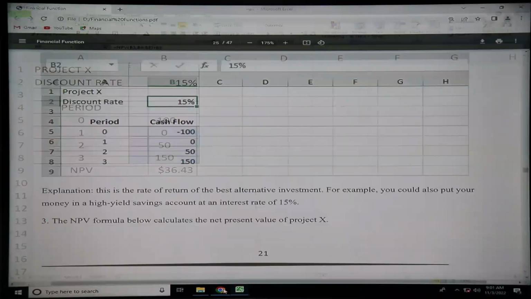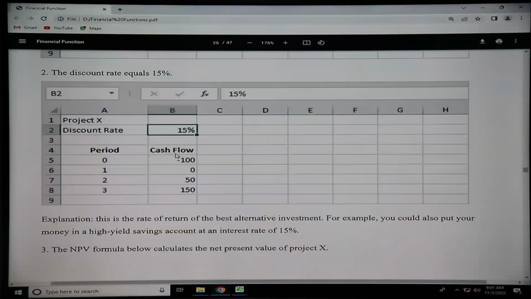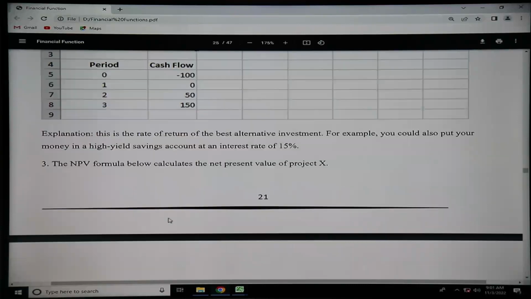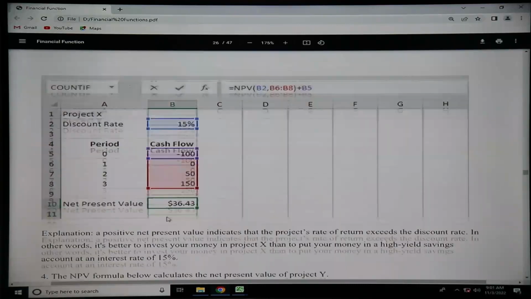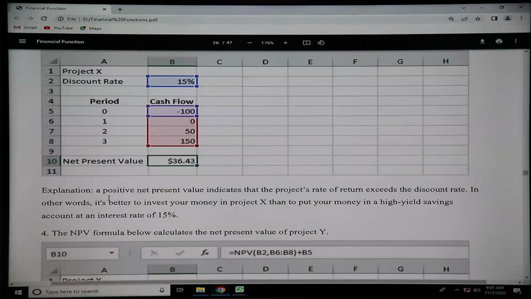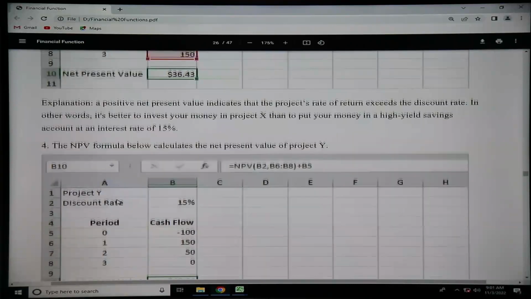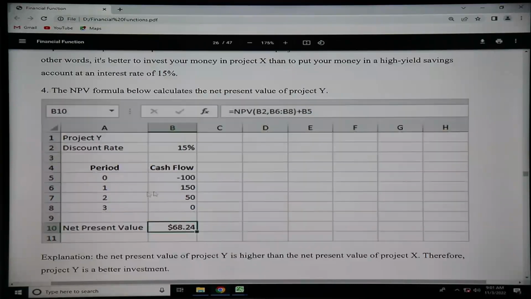And that is what we see here: the rate of return of the best alternative investment, for example, you could also put your money on the high yield savings of 15%. We have already seen that. But on the other end, that is project Y, you'll find that the period here changed.